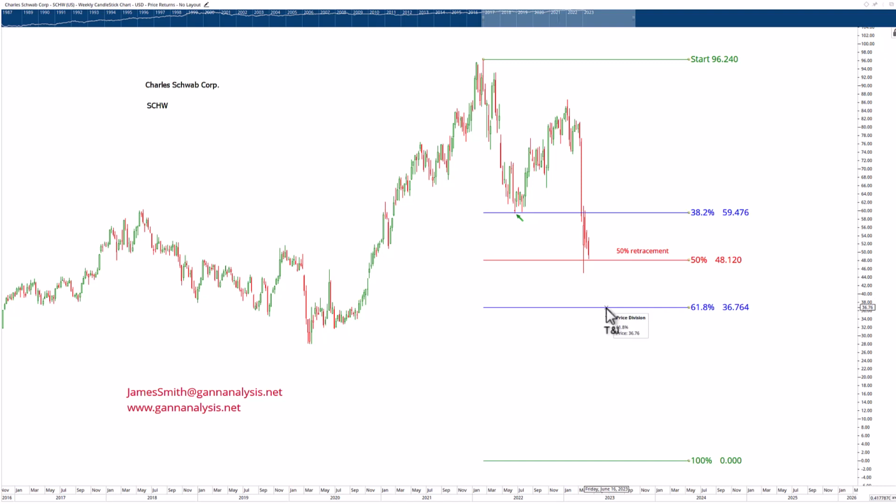So the point with Gann or Fibonacci is not to shoot for price targets. The point is that you want to be flexible and respond to what the market gives you. If it bounces off 36.76, okay, maybe that's the low. Same way it was over here.